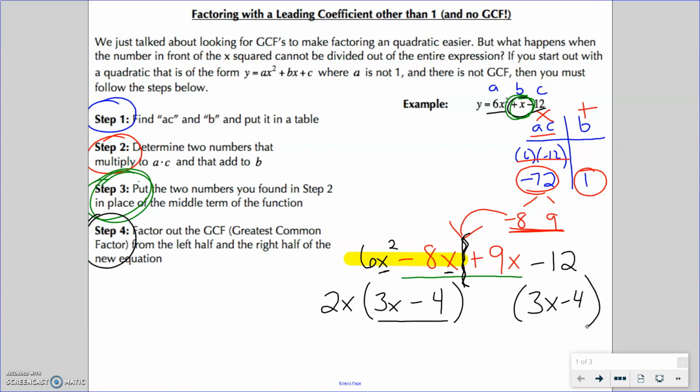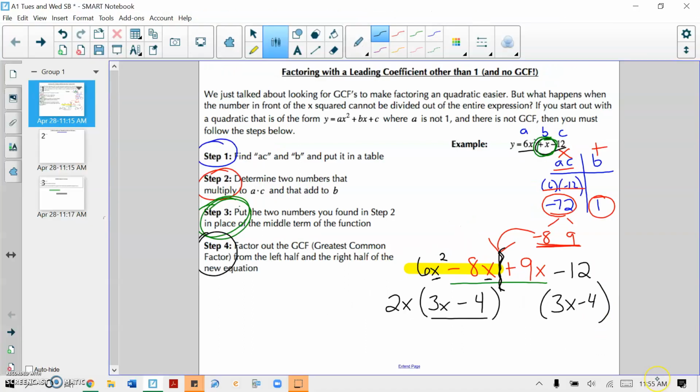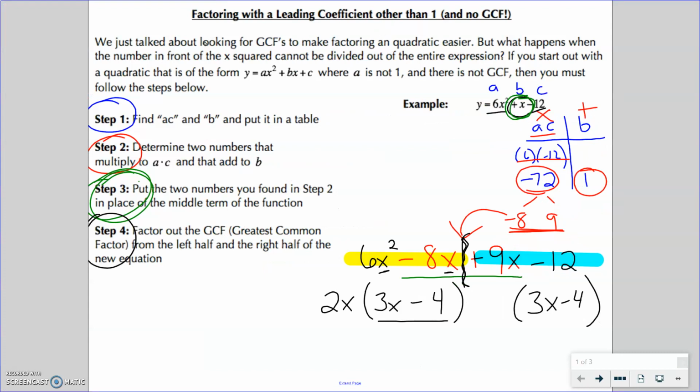That will give you a hint as to what the GCF is for the right side. So if I'm looking at the right side, the biggest number I can take out of that, let's see, is a 3. And actually that works out great because 3 times 3x gets me back to that 9x, and 3 times -4 gets me back to the -12.